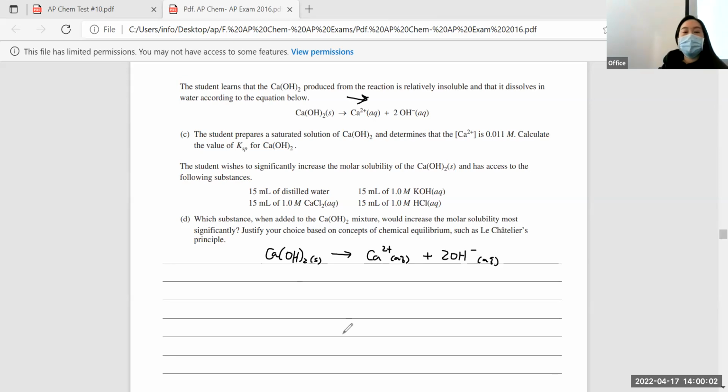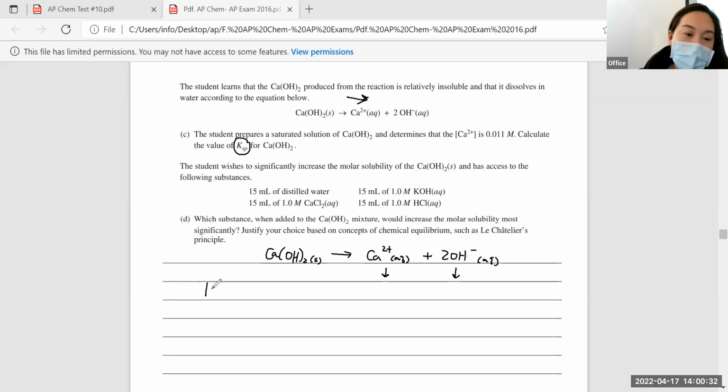So if I want this to shift to the right, remember, affecting or changing a solid doesn't do anything, so we can't do anything here. If I want to shift to the right, I could decrease my calcium ion concentration and decrease my hydroxide ion concentration, right? And right now, we're just trying to find Ksp, right?